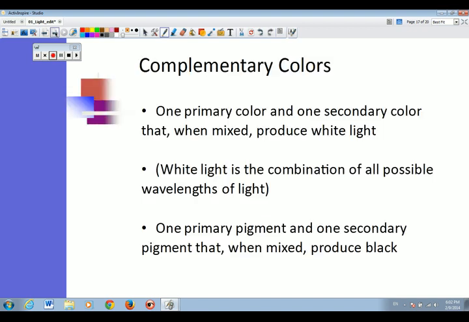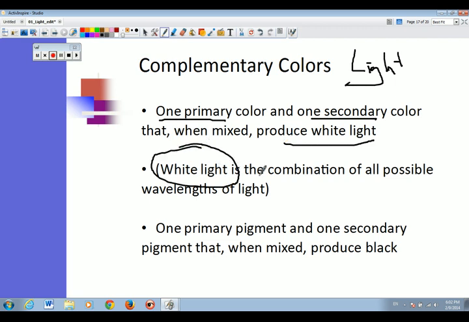Complementary colors, and this will be for light: complementary colors of light add up to produce white light. So you have one primary and one secondary. Remember that white light is the combination of all possible wavelengths.